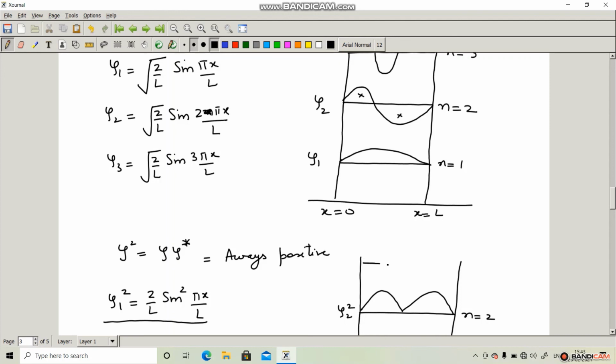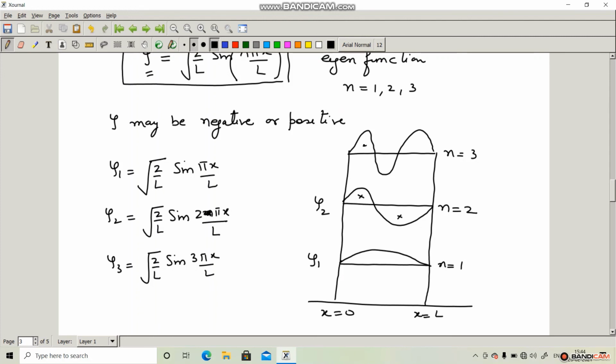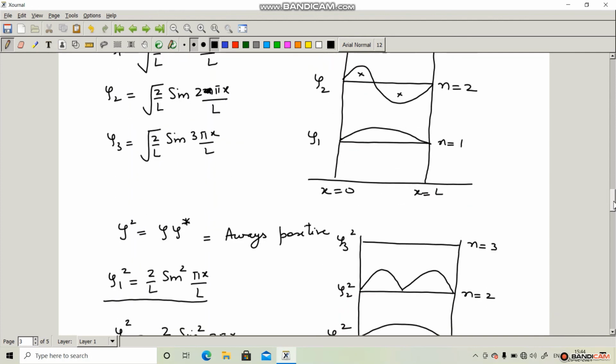Similarly, if we discuss the third level, n equal to 3, psi 3 square equals again 2 upon L sine square 3 pi x upon L. And in psi 3 we have seen that this is positive but this is negative, and in case of square this negative becomes positive and psi 3 square becomes like this. This is the presentation of psi 3 square.